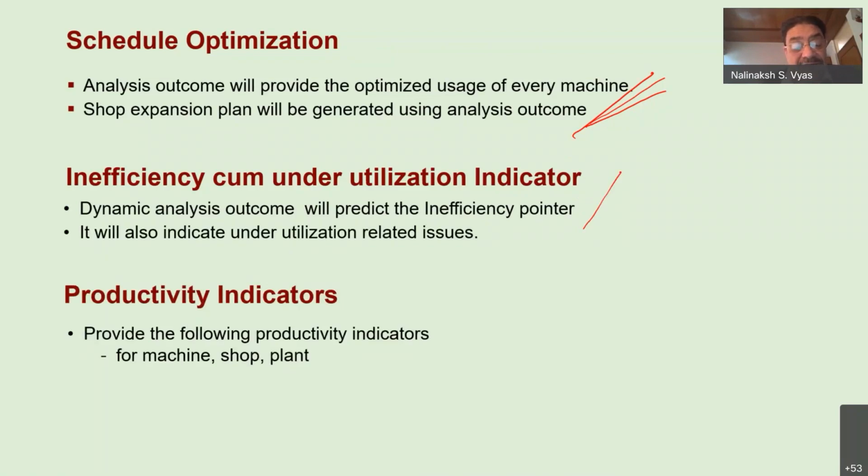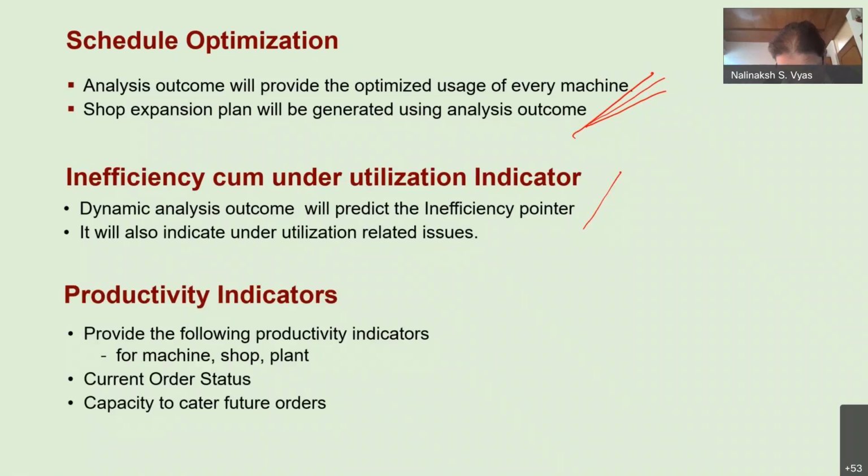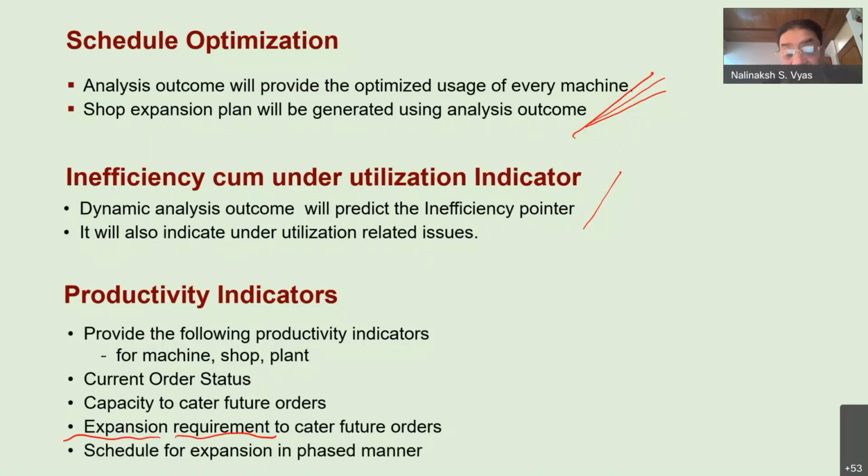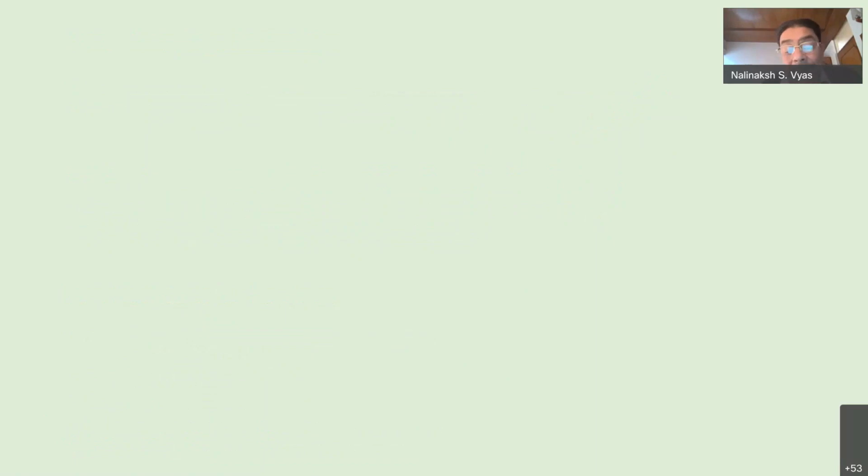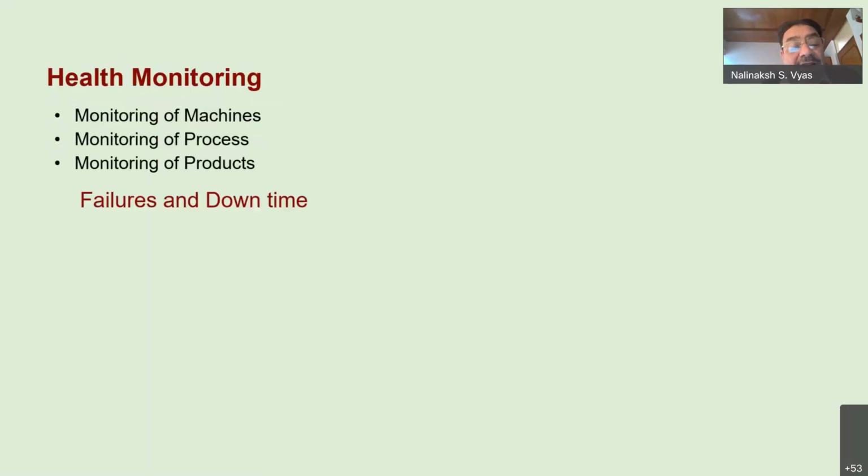I'll just show you samples for the machine shop, for the plant, what is the status of current orders, what is the capacity to cater to future orders, how much capacity is left, and if there are requirements in terms of expansion of infrastructure, those indicators can also be obtained. Health monitoring.